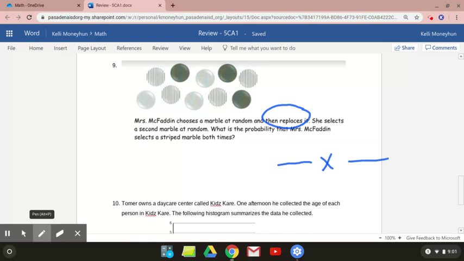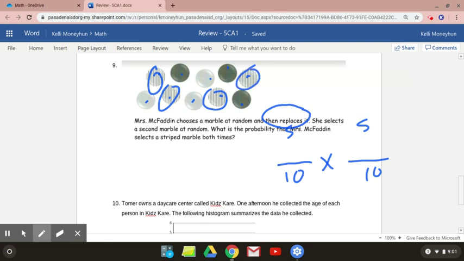So let's count up my total. 1, 2, 3, 4, 5, 6, 7, 8, 9, 10. And I'm looking for striped ones both times. So count how many striped ones are. That's going to be the number on top. When you have multiple probabilities, you need to multiply. You can simplify first and then multiply, or you can multiply and then simplify. Okay, go ahead and pause and solve.